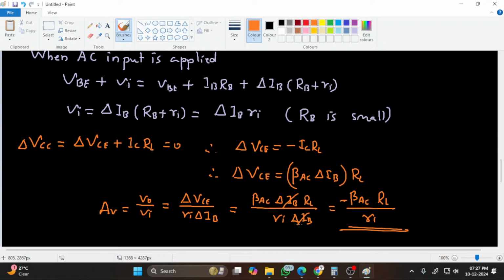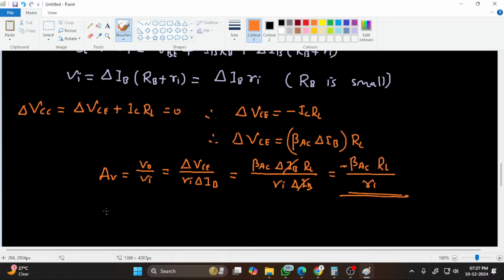We know that there is also a current gain which is beta AC. So we can also write the power gain AP, and the power gain is beta AC into AV.